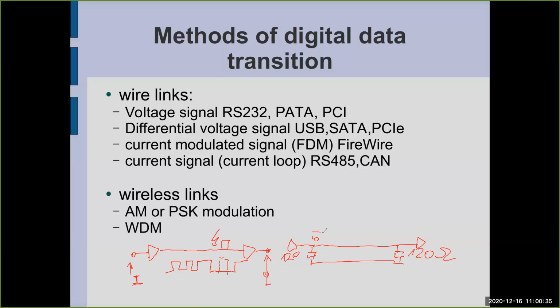So in this case, even if there is interference, it is not able to induce a current of 100 milliamps. So these interfaces are less prone to disturbances. One of them is CAN, which is commonly used in automotive applications.